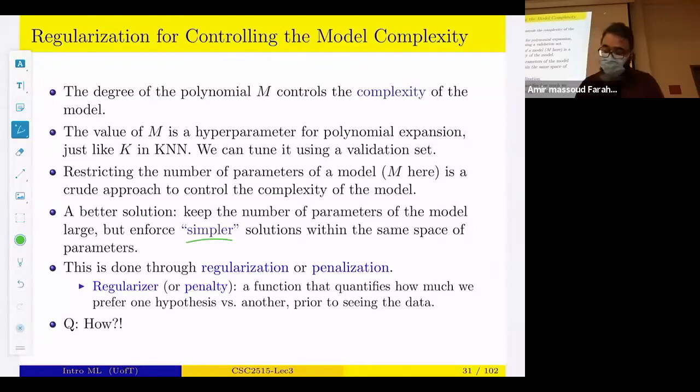So here we keep the number of parameters of the model large, but enforce simpler solutions in some way. And this is done through something that is called regularization or penalization, which is essentially saying that certain solutions are preferred compared to other solutions.